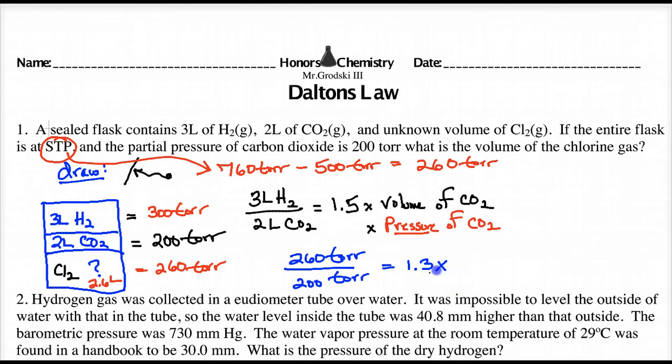Wait a minute, 1.3 times, right? So that means that this gas has more pressure than this gas by 1.3 times, which means it should have a volume difference of 1.3 times. So take this 1.3, or take this ratio, and times it by what? By 2 liters.